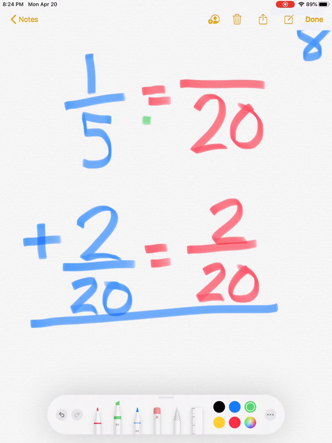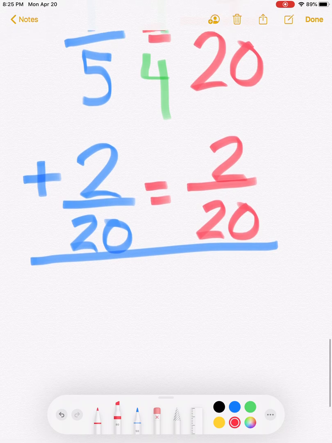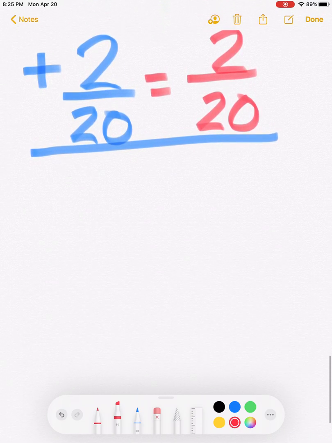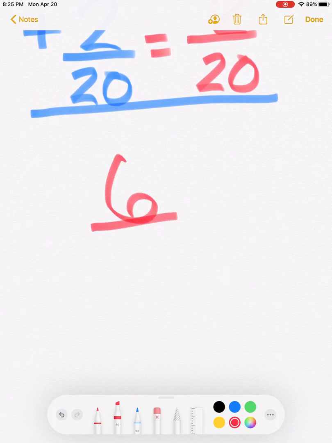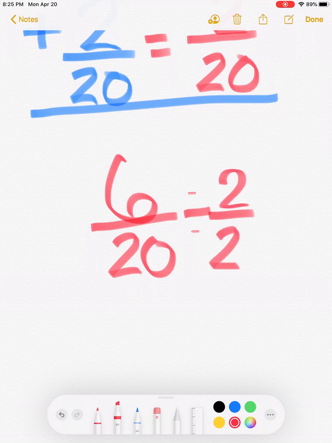Then we have 5 times 4 is 20. 1 times 4 is 4. Okay, so now we're going to add that up. 4/20 and 2/20 equals 6/20. But look, can this be simplified? Yes, it can. Both numbers can be divided by 2. So this becomes 3/10.